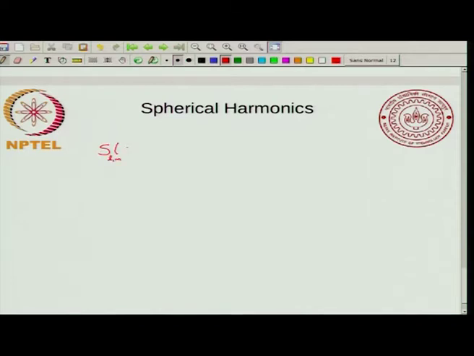So you can show that S L m of theta is proportional to, we won't bother about the constant of proportionality, P L m of w, where you remember the variable in which we wrote the associated Legendre equation was w, which is cos theta.